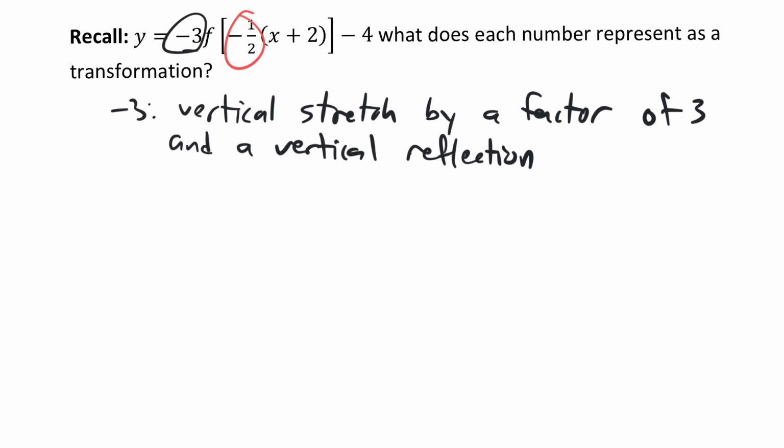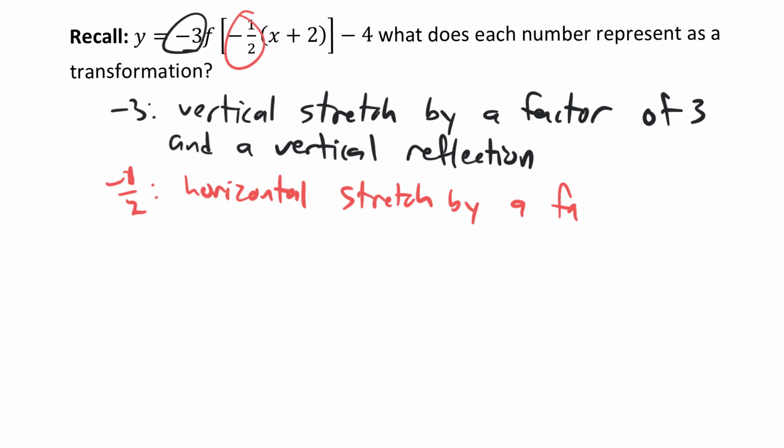The negative 1/2 represents a horizontal stretch by a factor of, remember we have to flip it, 2, and because it's negative, a horizontal reflection.